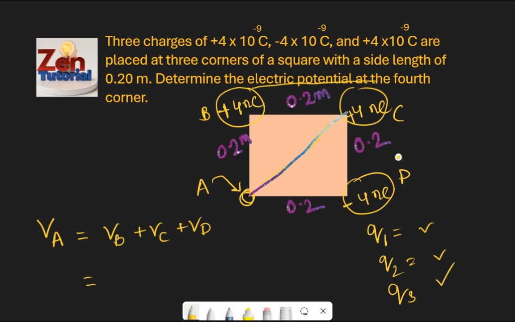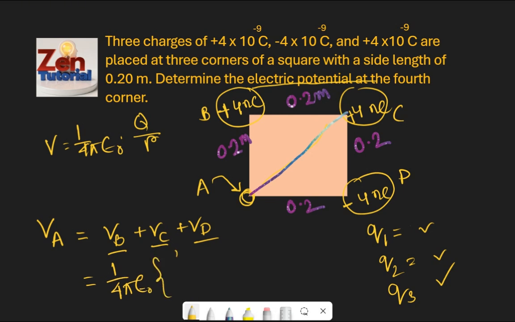For V is equal to, we could write down 1 by 4 pi epsilon naught into Q over the R. So for each of the potential, 1 by 4 pi epsilon naught is common. So let's write down 1 by 4 pi epsilon naught is common.